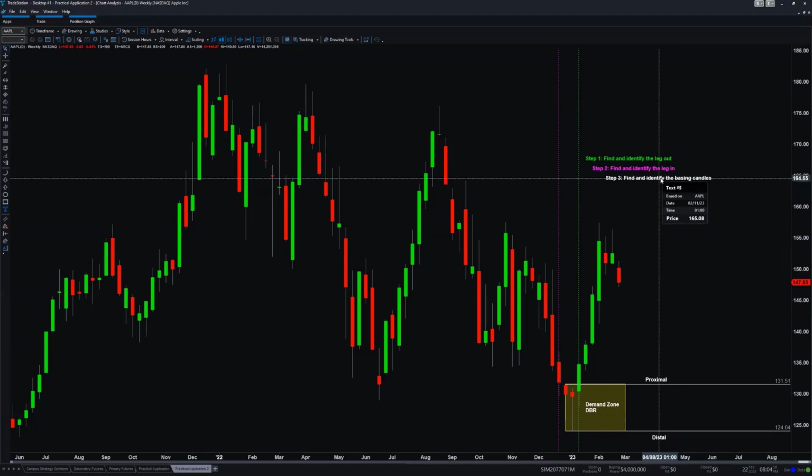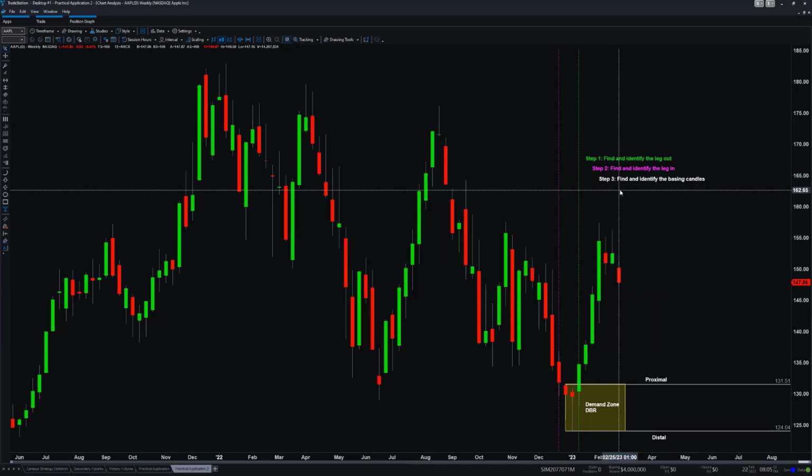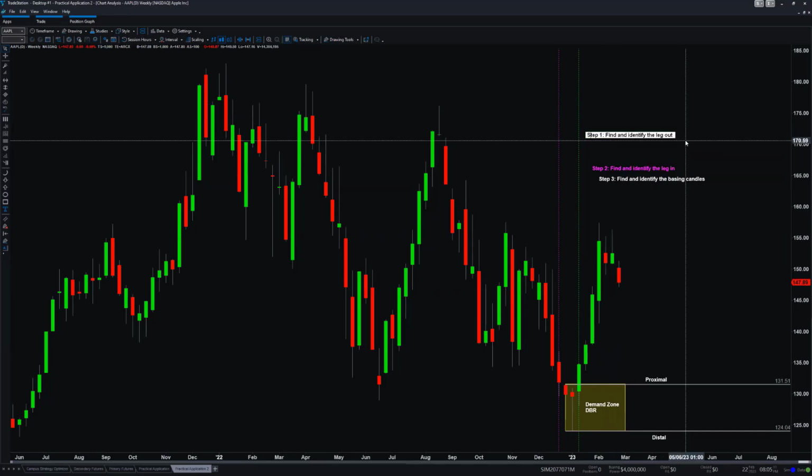So within all of these steps, we have our rules within our rule cards. Let's talk about step one for a second. What's the most important thing of step one? Find and identify the leg out. Well, the most important thing is that we start at current price, and then we look below current price and to the left.